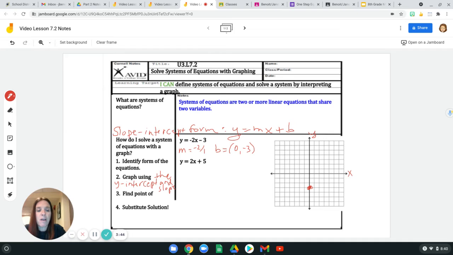So from there, I go down 2 and to the right 1. And then from that point, down 2 and to the right 1. Okay? And then I would make my straight line, or as straight as I can.